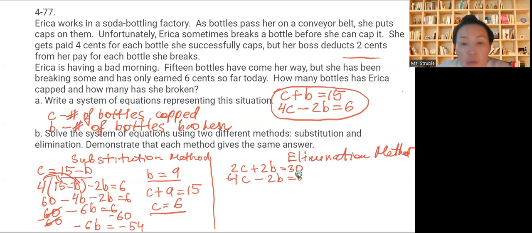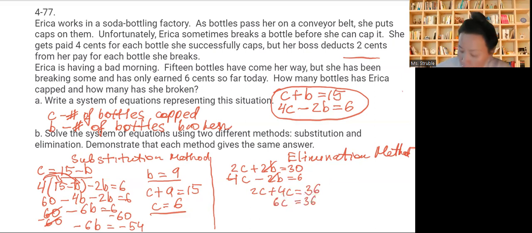Now we're going to add these two equations, and then we will be left with 2C plus 4C, and 2B and negative 2B are going to cancel each other out, and on the right side it will be 96. And here 6C equals 96.